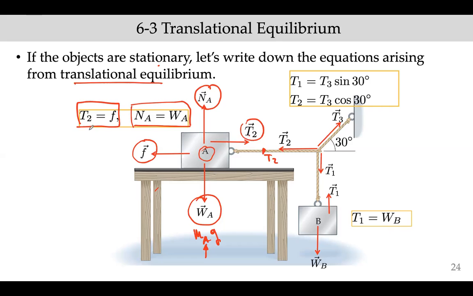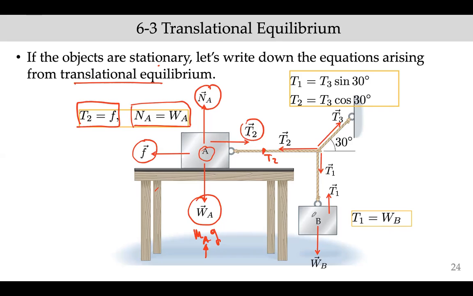What I mean here is I'm just interested in the magnitudes. So if T2 is 5 newtons, then friction force is also 5 newtons. If I write the vector signs, then I have to put negative signs here because they are in opposite directions. But just work with the amplitudes, that's fine.